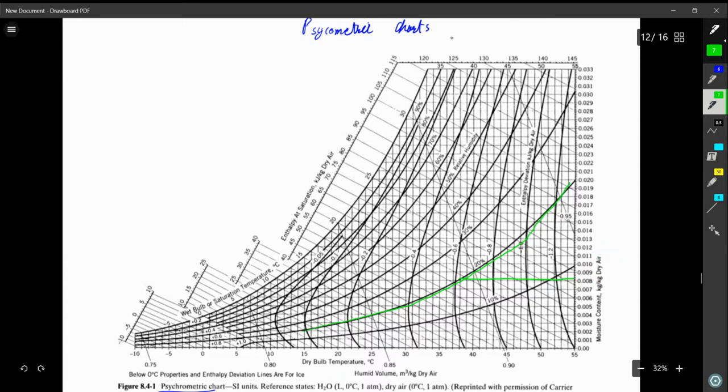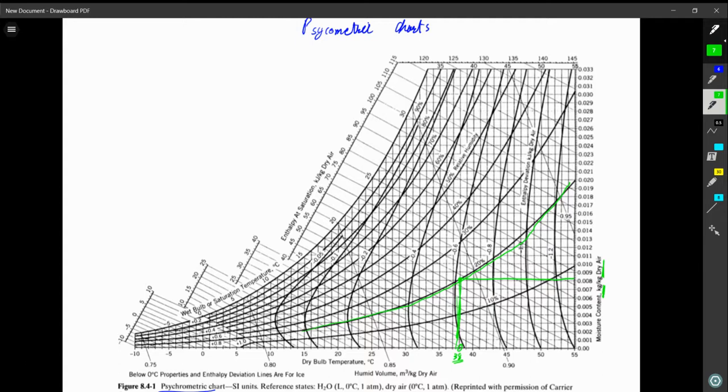This is kg of water per kg of dry air, not per kg of the final mixture. That is one point, and by taking a projection, I get the dry bulb temperature. This is around 38 or something. Yeah, 38. So that's the dry bulb temperature.